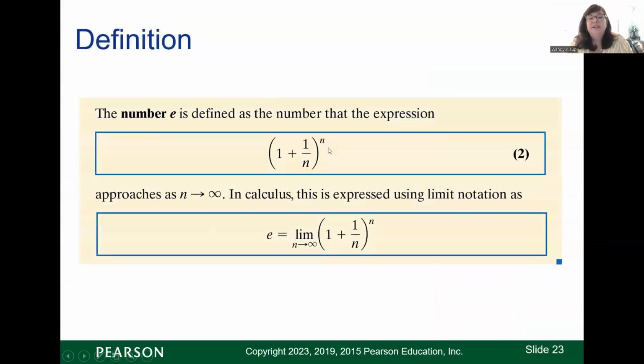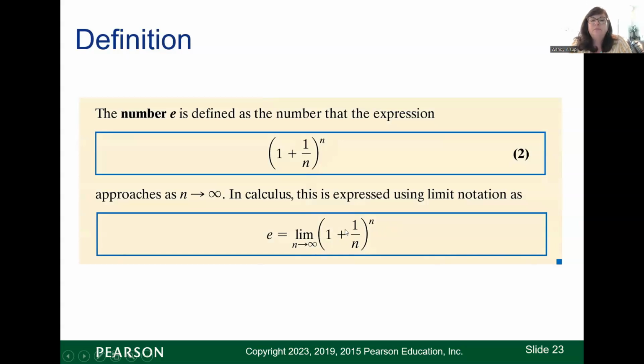All right, the definition is (1 + 1/n)^n as you take n to infinity. You may not know what this limit notation means, but it just means if you continue to do this, 1 plus 1 over n to the nth power.